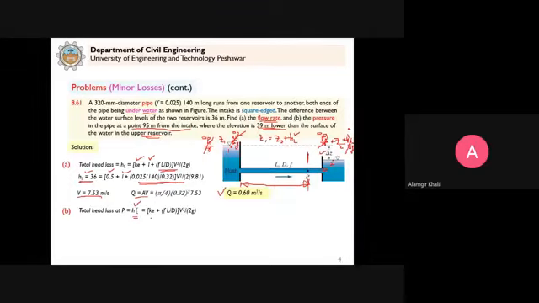And what are the losses that we can consider? We have the entrance loss. So you can see that there is an entrance to this pipe that we can consider, and because the water is flowing in the pipe, this distance is given, and this distance is 95 meter.